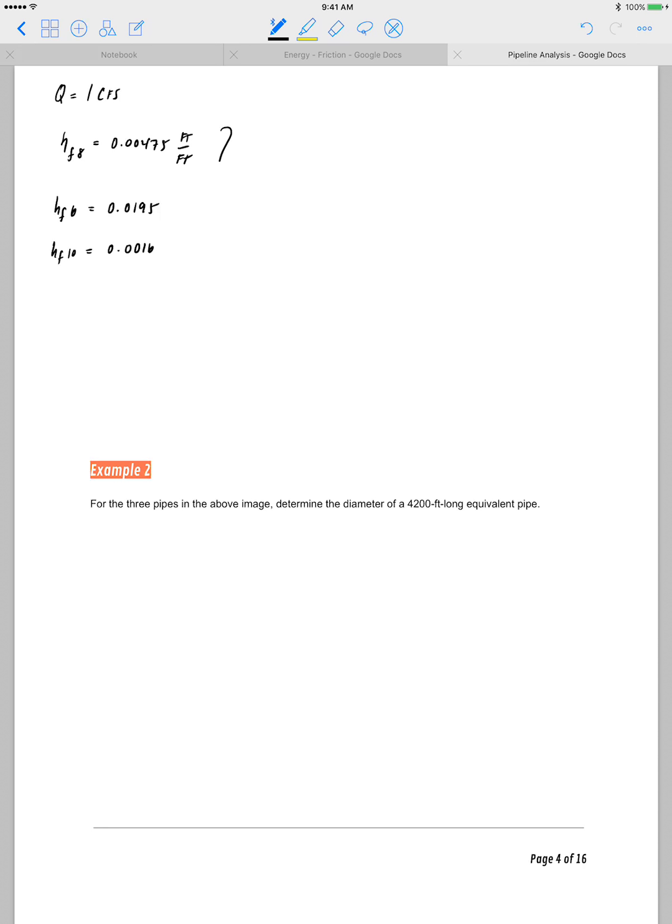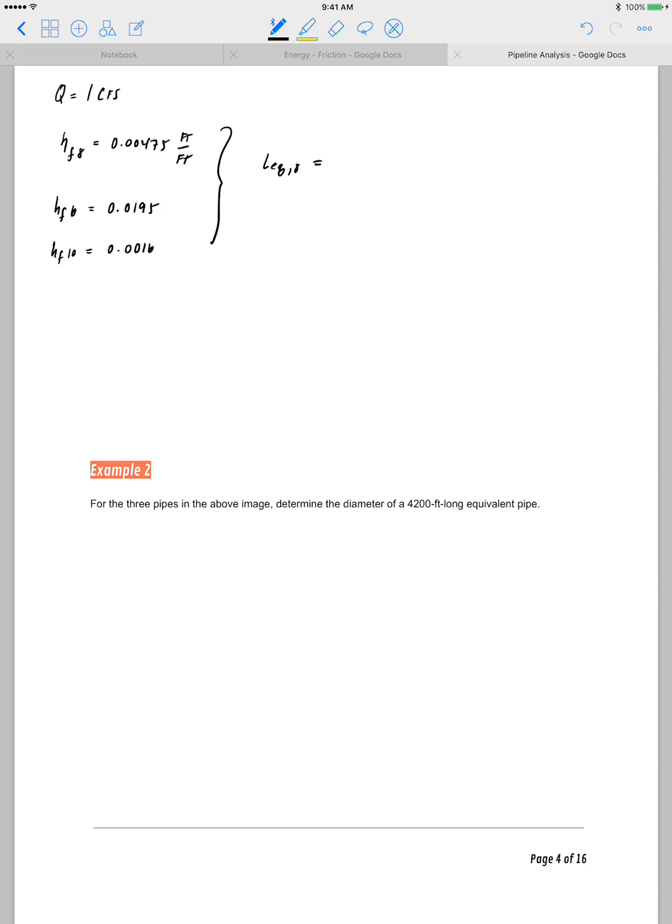Okay? If you take all these, we can convert the 6-inch and the 10-inch pipes to an equivalent 8-inch pipe simply by multiplying the total length of pipe times its unit friction loss, and dividing it by the 8-inch unit friction loss, right?